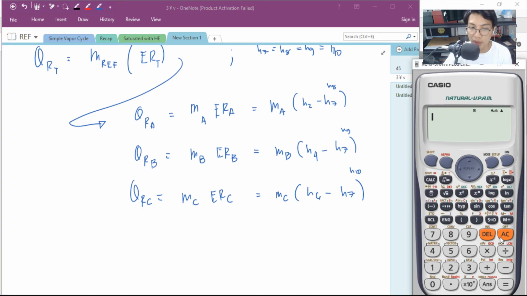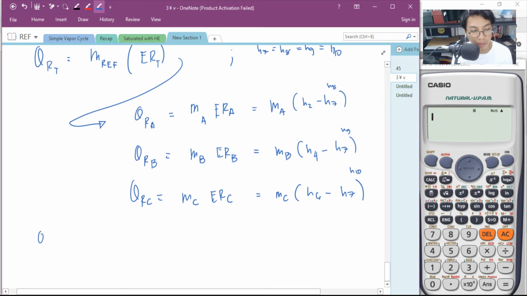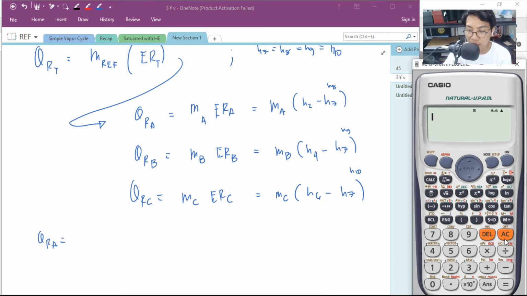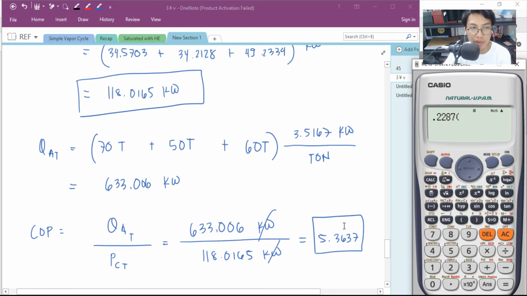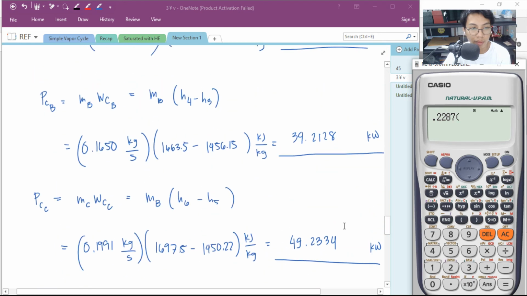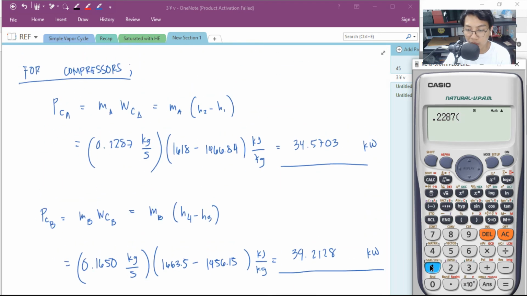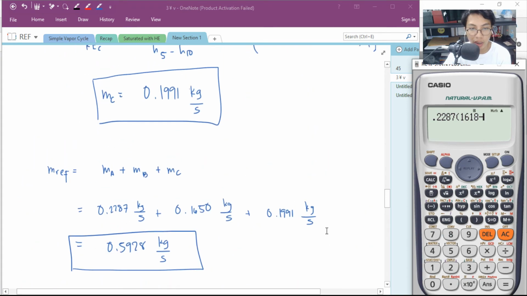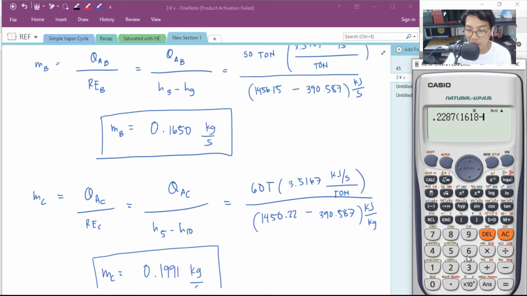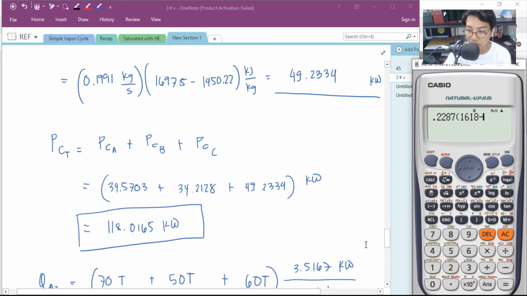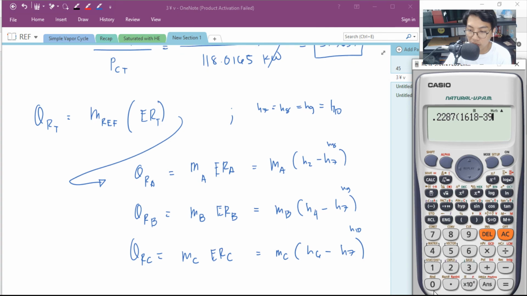Store ko na lang yung mga value ah. Yung QRA. Ano yung MA natin? That is 0.2287. Multiply mo na H2. Ano yung H2 mo dyan? Ayan, 1618 minus, yung ginamit natin kanina, 390.587.